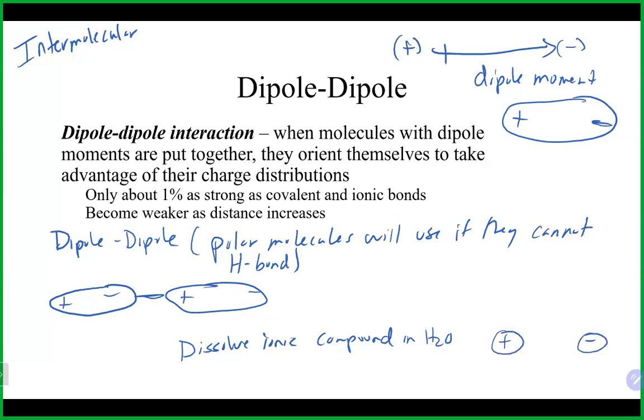And as we talked about, I think before, that's essentially how things dissolve, because the negative side of water will be attracted to the positive ion and surround it. And the positive side of water will be attracted to the negative side of the ion and will surround it. This is what is sometimes referred to as ion-dipole interaction.